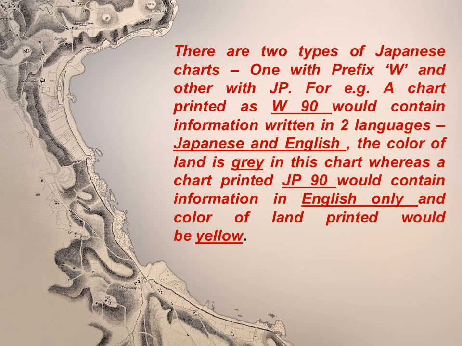So there are two types of Japanese chart, one with the prefix W and the other with the prefix JP. For example, the chart printed as W90 would contain information written in two languages, Japanese and English. The color of the land is gray in this chart, whereas the chart printed as JP90 would contain information in English only and the color of the land is printed yellow.